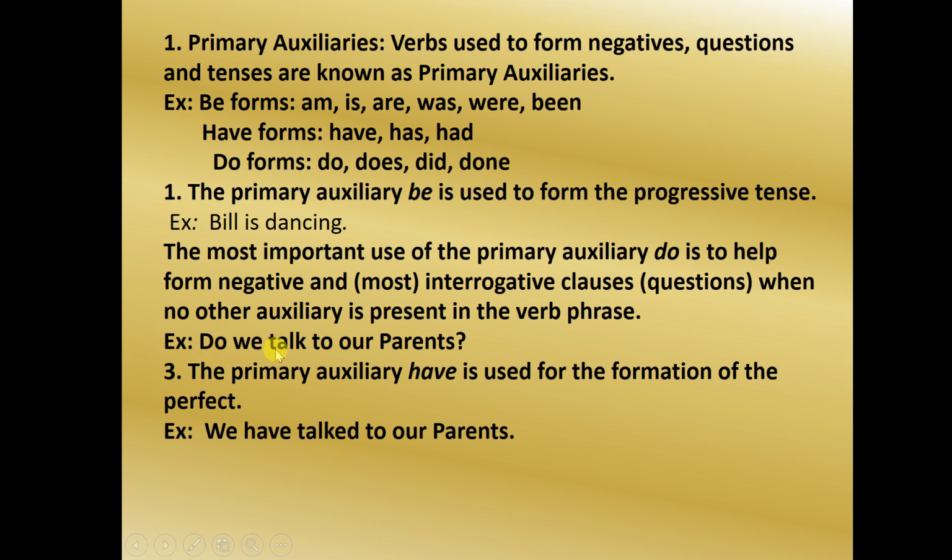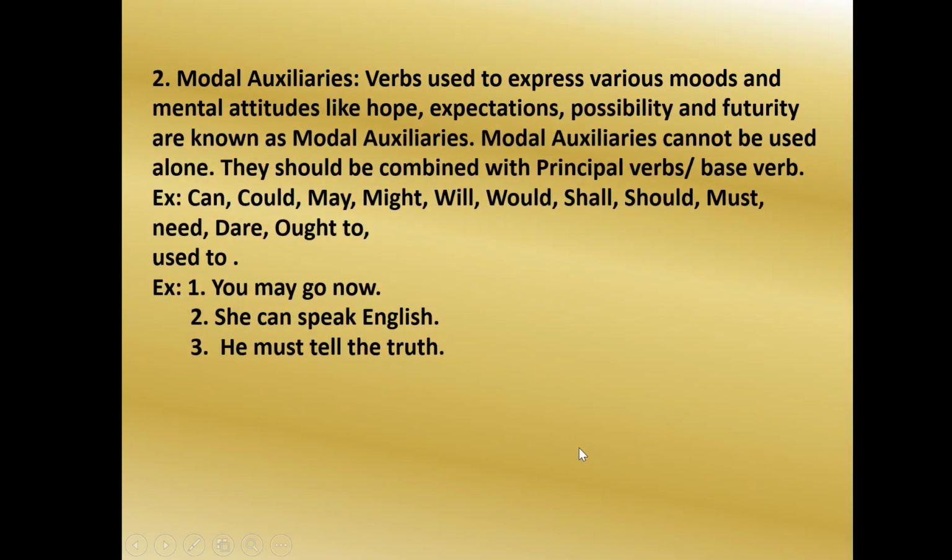Example, do we talk to our parents? The primary auxiliary have is used for the formation of the perfect. We have talked to our parents. So these are some of the examples for primary auxiliaries and how we are going to use be forms, have forms and do forms in sentences.